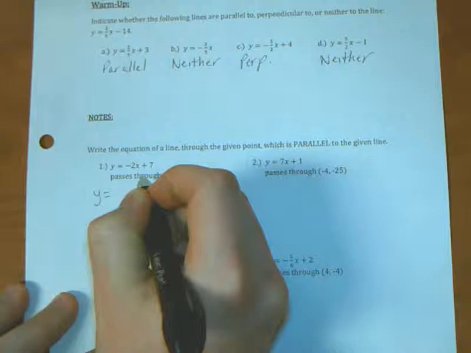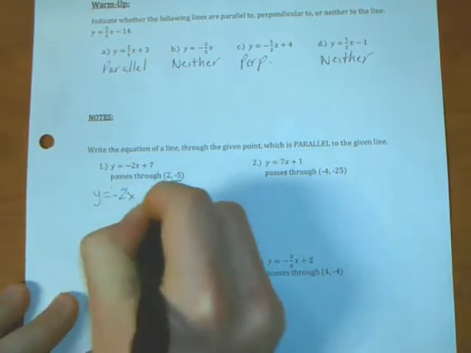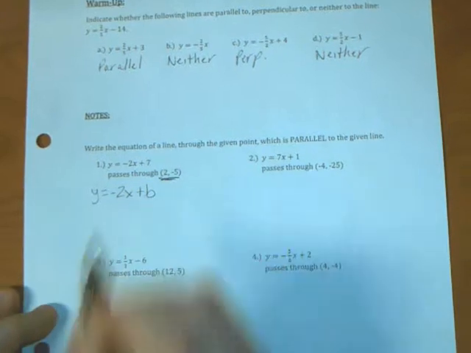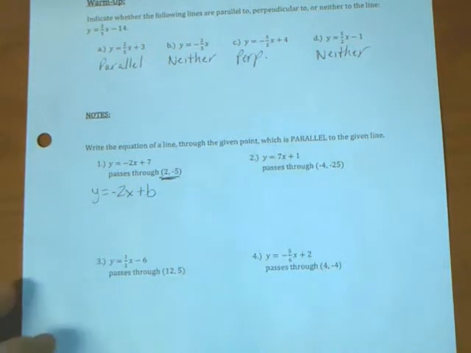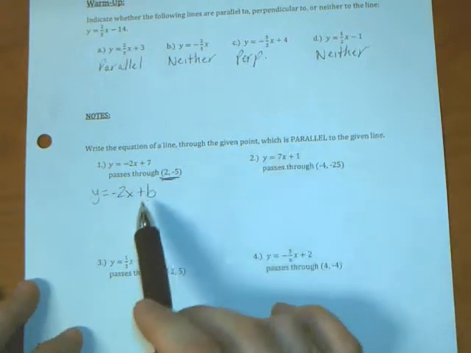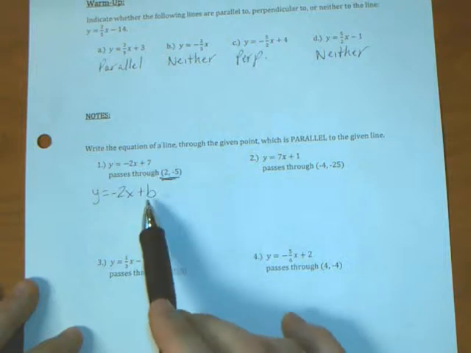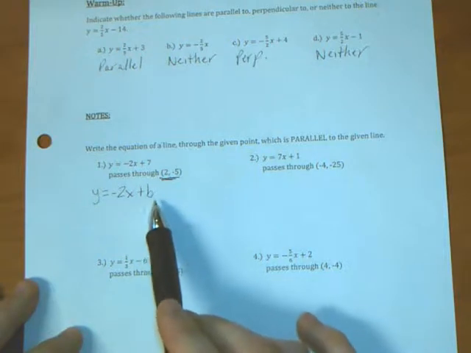Our m is what in this case? The slope. And what specifically is the slope? Negative 2x plus b. We don't know what the y-intercept is, because I'm telling you that I want the equation of the line to be parallel to the line that I gave you. So now, we need to find the y-intercept.